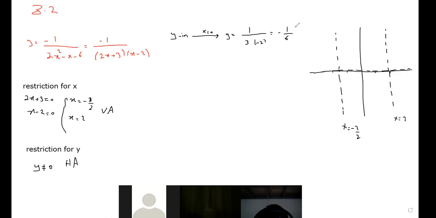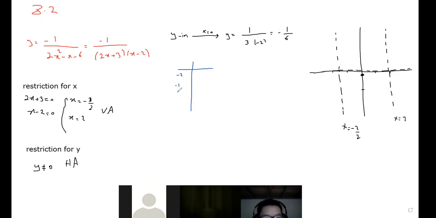So the y-intercept is -1/6. Let's say here is -1. 1/6 is approximately here. I can always try to put some points around my vertical asymptote. Here is -1, or I can start from -2. I can do -1.